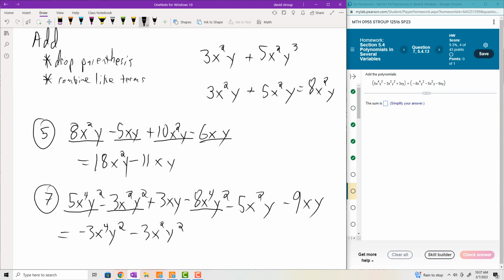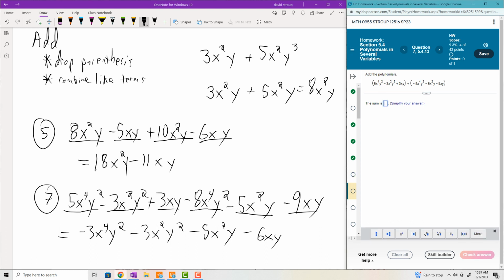If we were going in descending order, I'd have to go to the x squared y right here. So let me put that one next. But I don't think they really care if it's in descending order in these problems. And then the last one, the xy terms, so minus 6xy. So negative 3x to the 4th y squared.